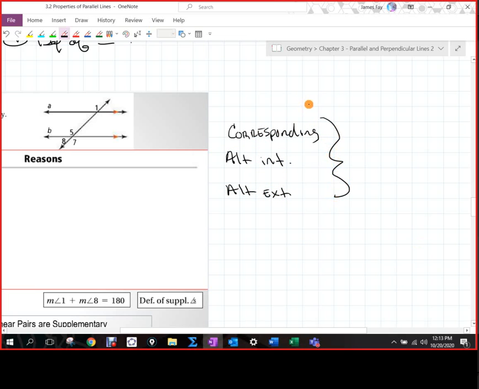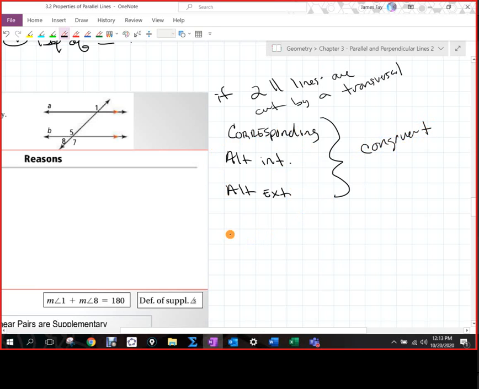Those all start off if two parallel lines are cut by a transversal. Then you can say corresponding angles, alternate interior angles, or alternate exterior angles, whichever one of those, and then you say they are congruent.